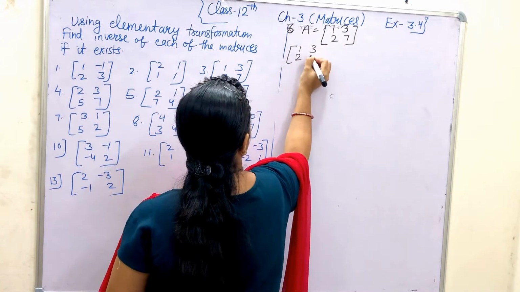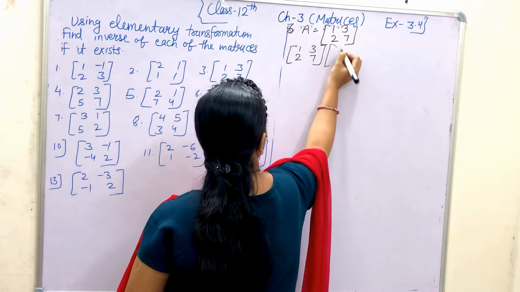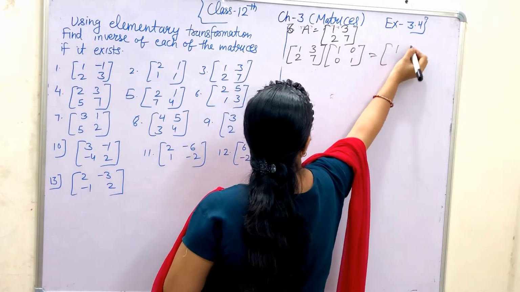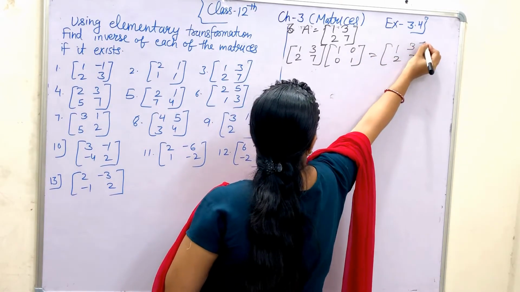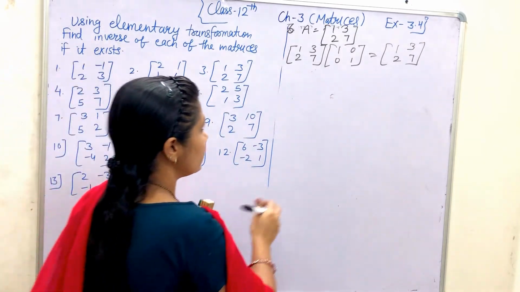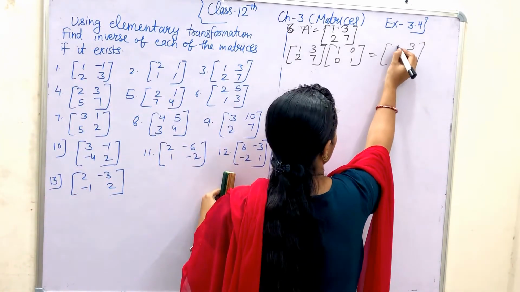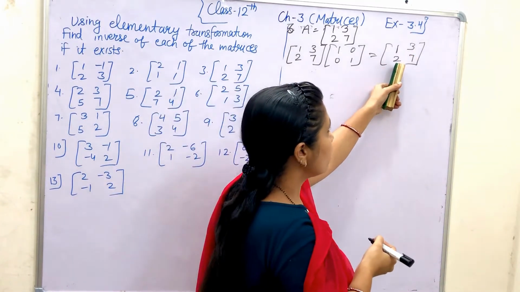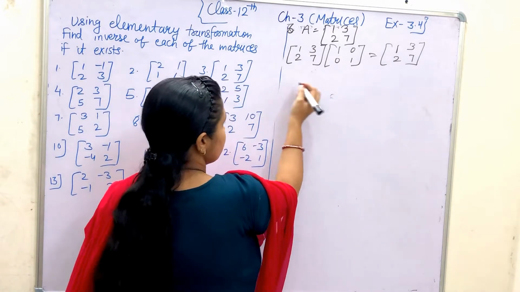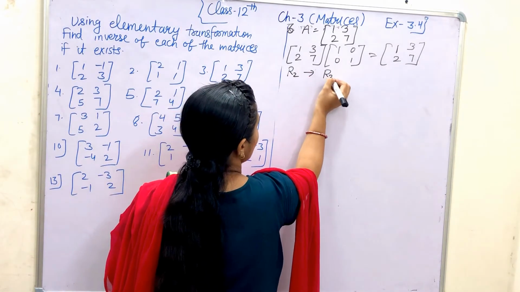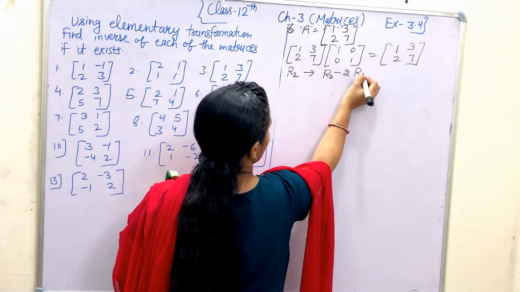Here is identity, 1, 0, 0, 1, equal to 1, 3, 2, 7. We know that the A11 entry should be 1, so here it is already 1. We will change our R2 by using R1: R2 minus 2 R1.